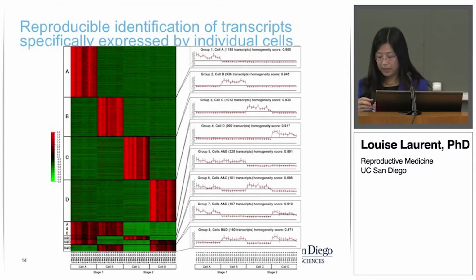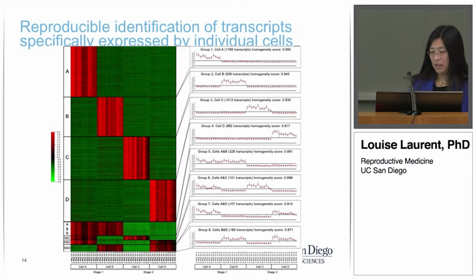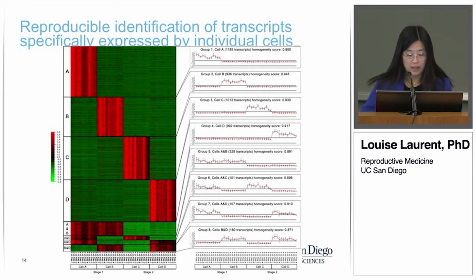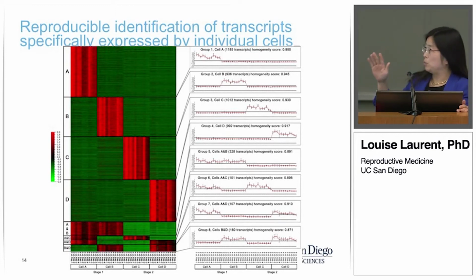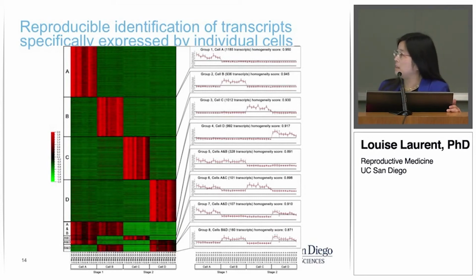And then finally, we just did some basic differential expression analysis heat maps between the 4 cells. And so you can see that the behavior of all the libraries within each cell is very similar. So for example, at the top, you can see the transcripts in red right next to the letter A, which indicate the genes that are highly expressed specifically in cell A. And then the next group is cell B, cell C, cell D. Then you can look at the bottom.